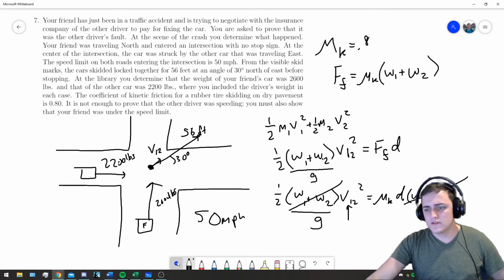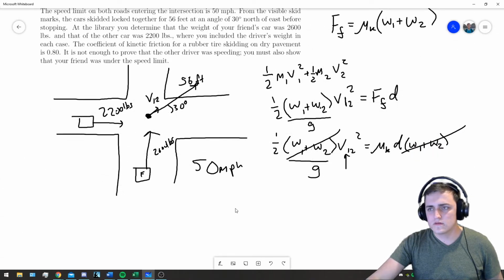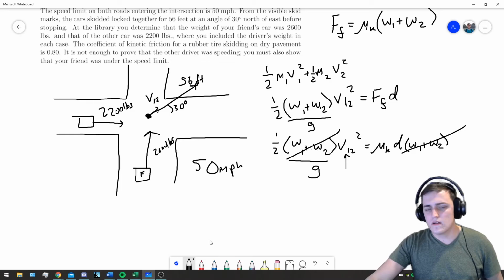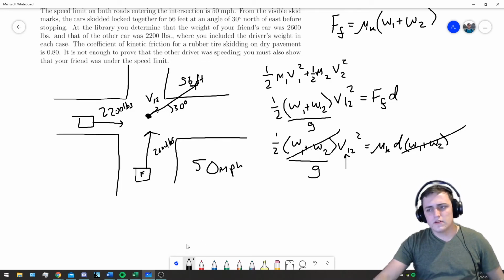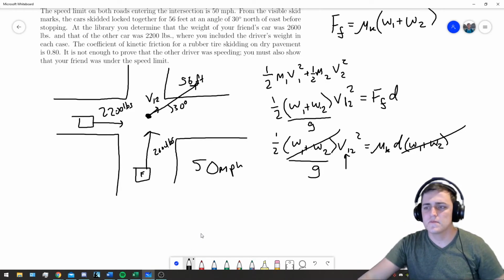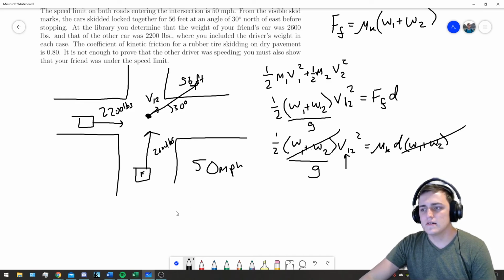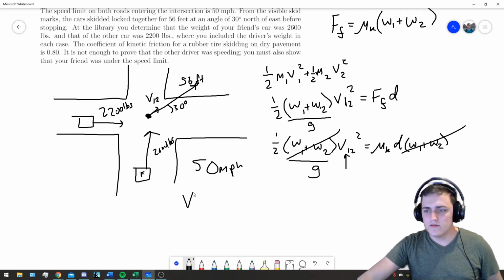So in order to figure out what speed each car enters the collision with, we have to apply the conservation of momentum to the x and to the y axis. So we look at v12 sine 30.